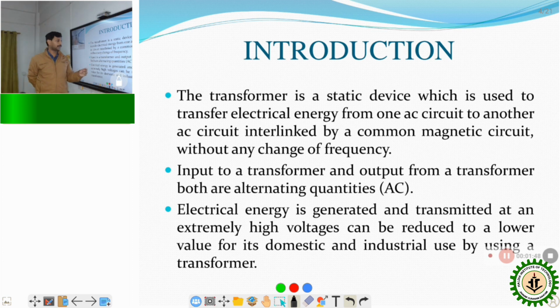Input to a transformer and output from a transformer are both alternating. That is, there is no change of type, that is from AC to AC. Electrical energy is generated and transmitted at an extremely high voltage, as we have seen in the previous diagram, and can be reduced to a lower voltage value for its domestic and industrial use by using a transformer.